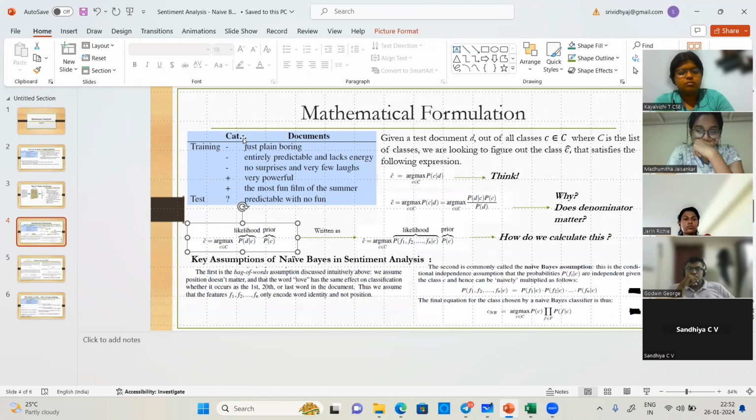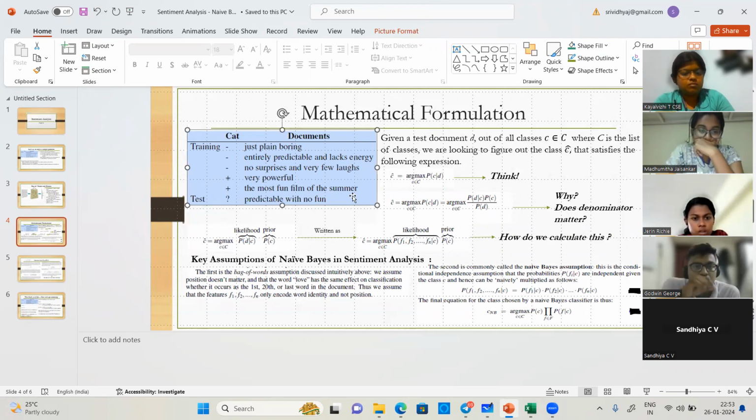For example, in this case, can you tell me what is P of negative? So we're talking of P of C. So 3 by 5, correct. And what is P of positive? 2 by 5. Exactly, correct. So that's there. Then comes the likelihood.